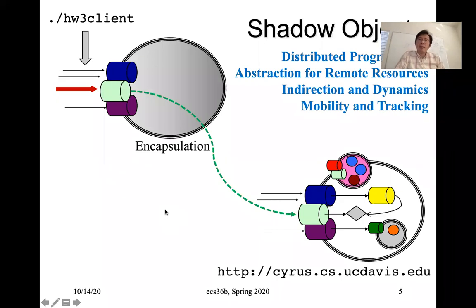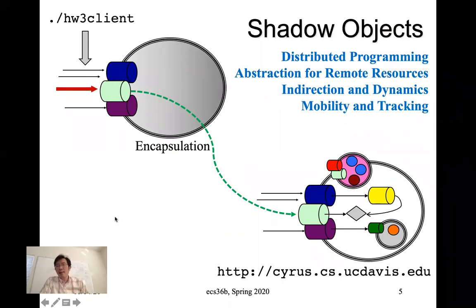There are 2 important concepts I would like to remind you of that are really behind both homework assignment number 3 and beyond. Number 1 is the application of what we call a shadow object. So far, up to this point, all your programming is essentially on a single host.